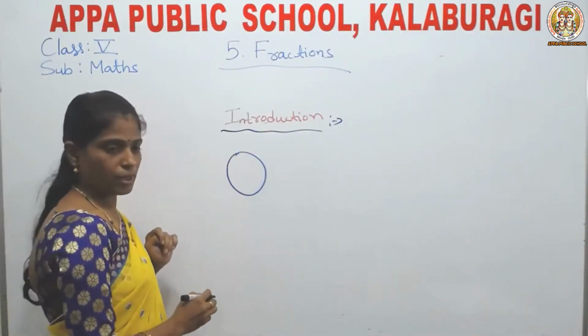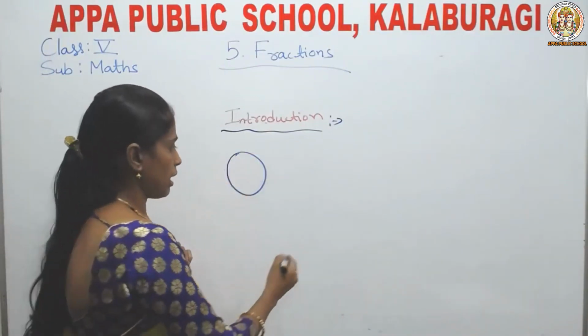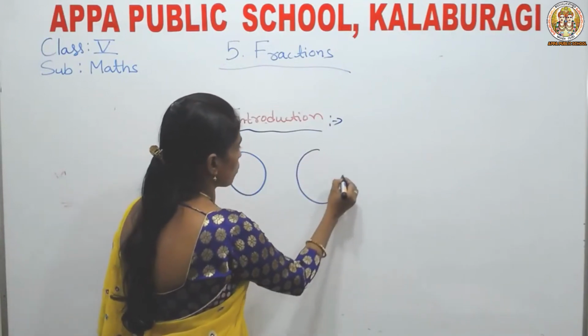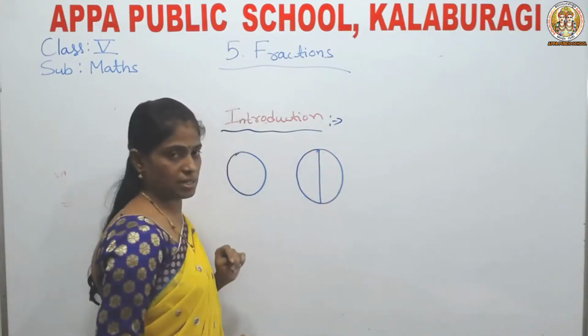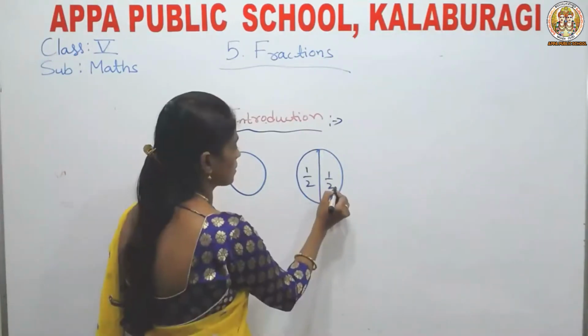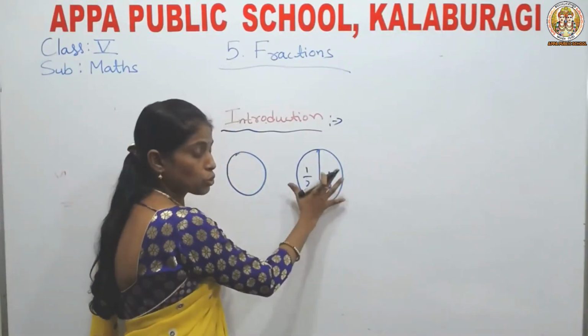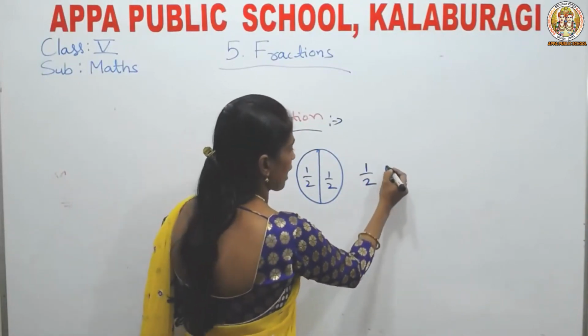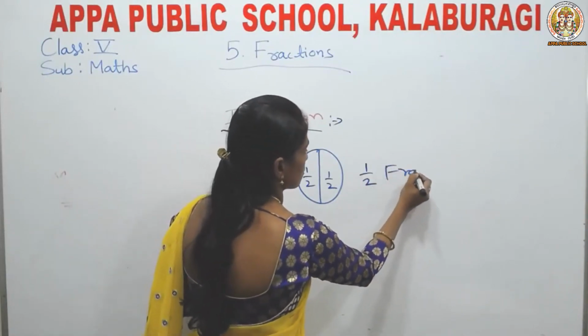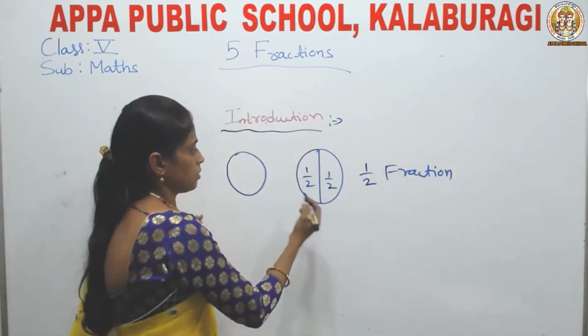Take an example. This is one whole, and when a whole is divided into two equal parts, this half is called a fraction.